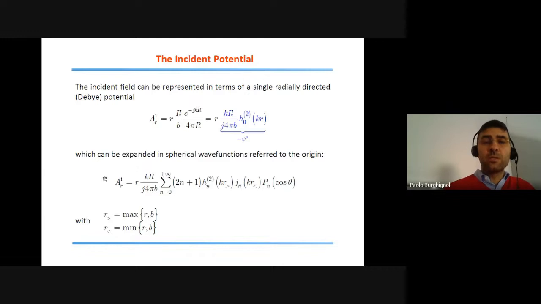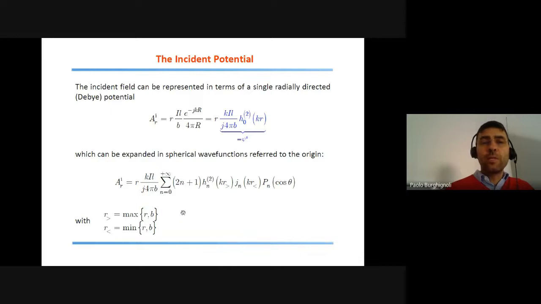Here, in this equation, I have introduced a notation which can be used to make things more compact, in which r greater than or r less than is the maximum or the minimum, respectively, between the quantities r and b.